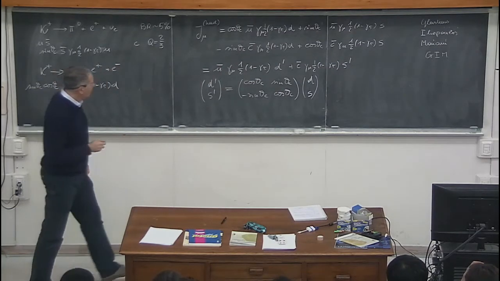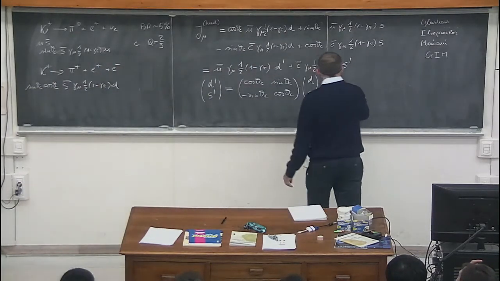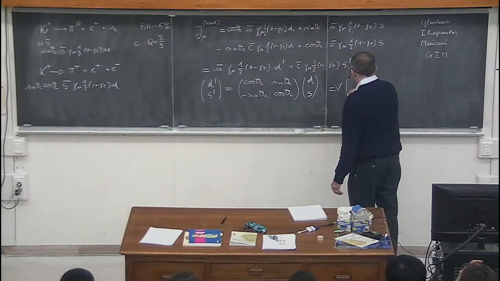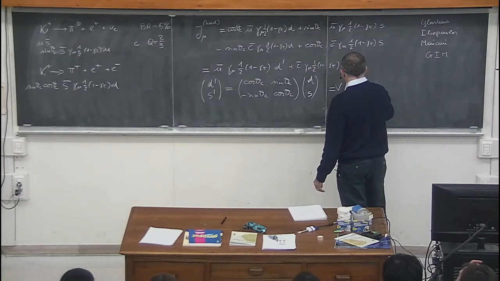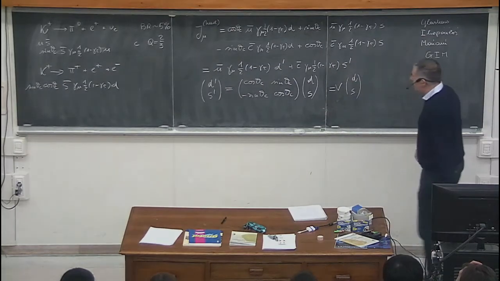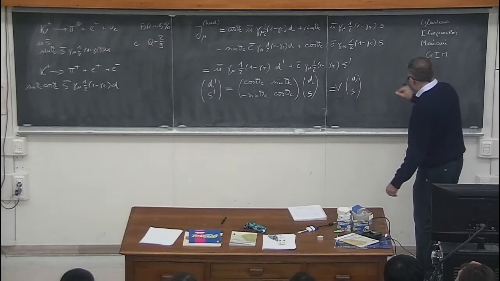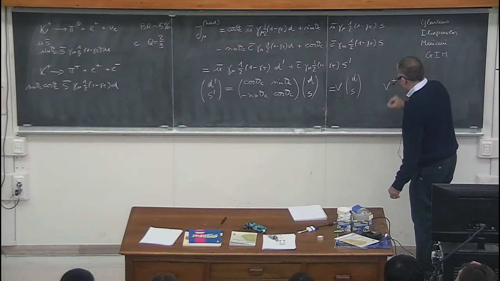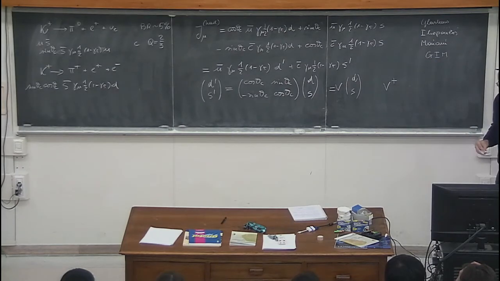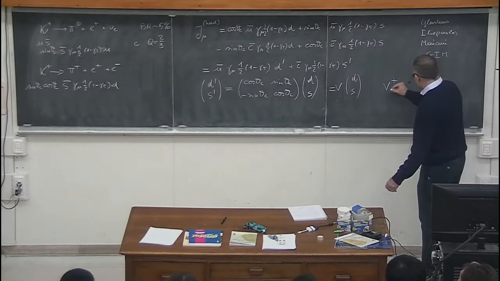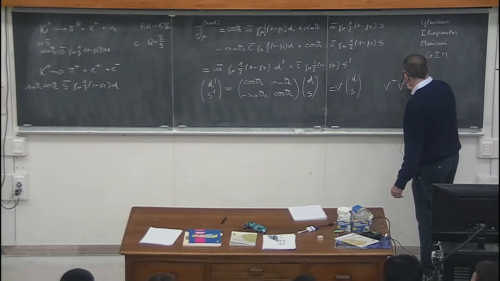Okay? So if I do that, let me call this matrix V. This matrix V has the property of being an orthogonal matrix, and if it were a complex matrix, it would be unitary, sorry.